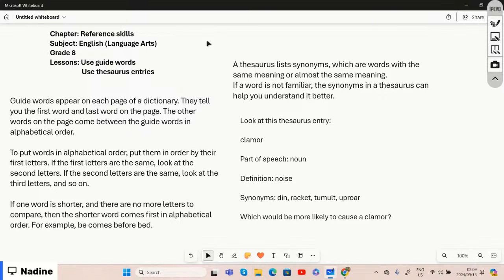They have words right on top of a dictionary, on top of each page, there is a word. And that is the word that will guide you to be like, okay, so this is going to be on this page, which means that whichever word you're looking for will then be in between these specific words.